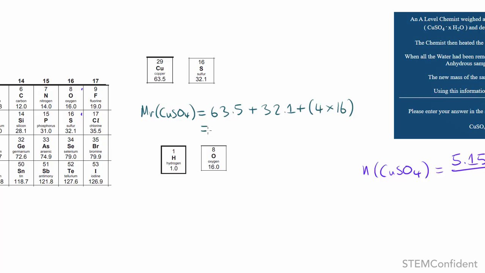And so that's going to give us the molar mass of copper sulfate, which comes to 159.6, and that's going to be in grams per mole.